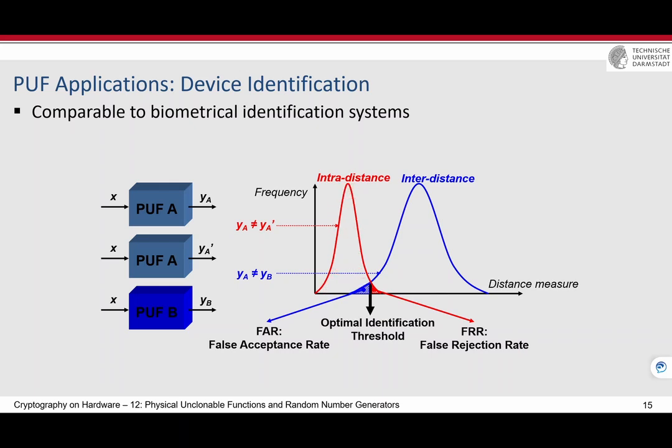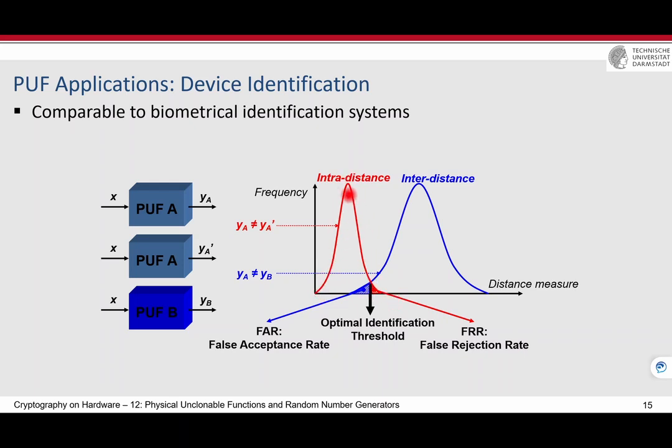And there's the intra-distance, meaning, as I said, how many times you get the same output from the same device if the same challenge is repeatedly given to the device. Of course, this will also not be ideal, and it would be something like this.